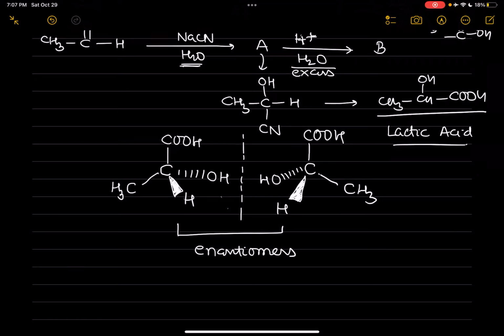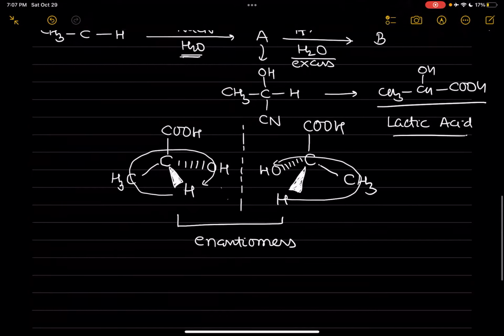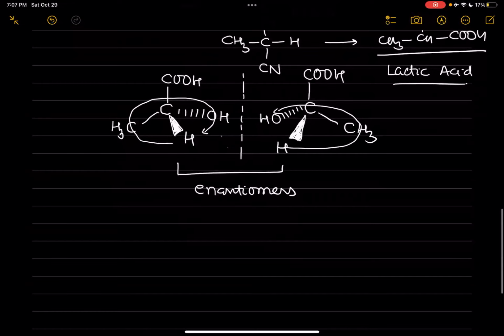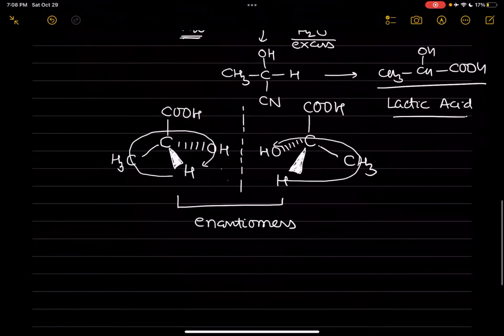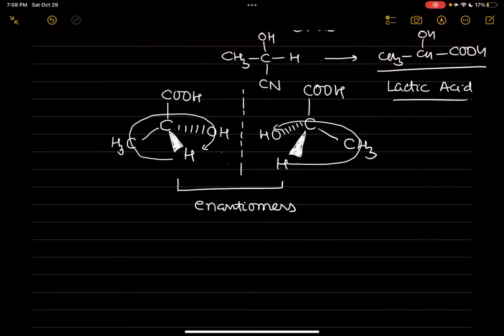But the mirror image has now become non-superimposable, because if you move from H to CH3 to OH, it is clockwise, and H to CH3 to OH in the other is anti-clockwise. So that is the reason they are non-superimposable, and there are two isomers. I hope this is clear to you.